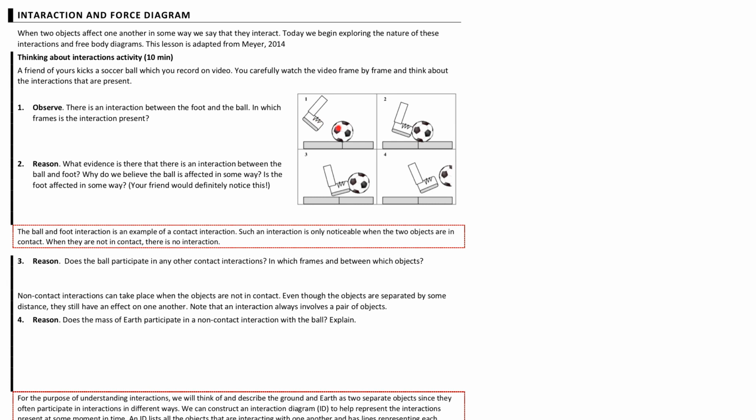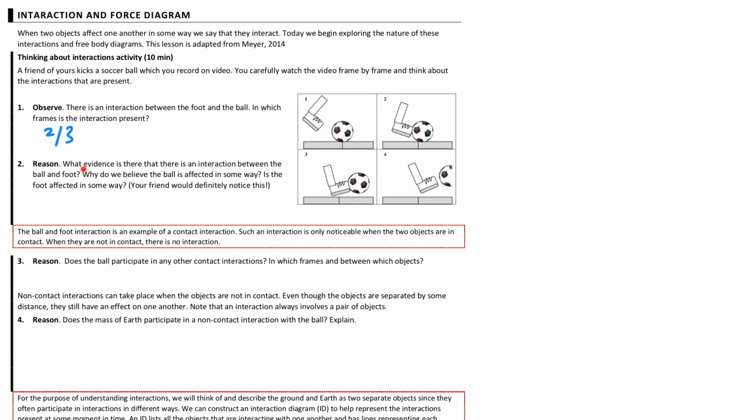There is actually a gravitational force between these, but it's so small that it's negligible. In this frame, they're in contact. So there's an interaction or a contact between them in frame 2. And also in frame 3, they're also still in contact, but they're no longer in contact in frame 4. So we don't have to put that in.